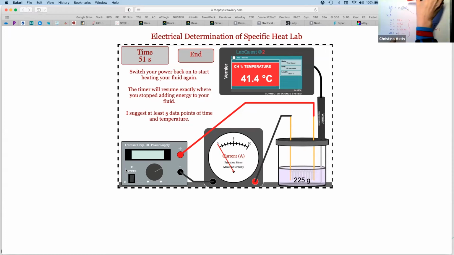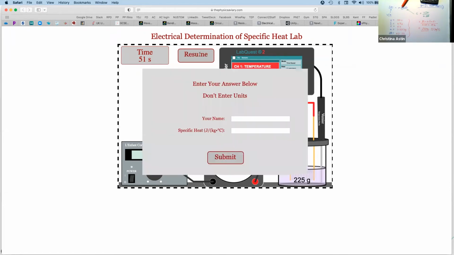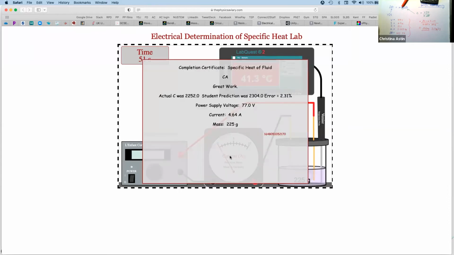There we go, 2,304. Now, shall we see what happens if we try and put that number in? So I click end, put my name in here, CA will do, and let's put in 2304. Drum roll, please.